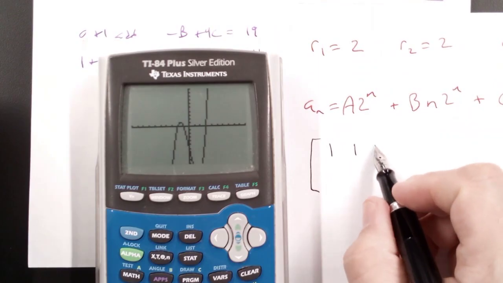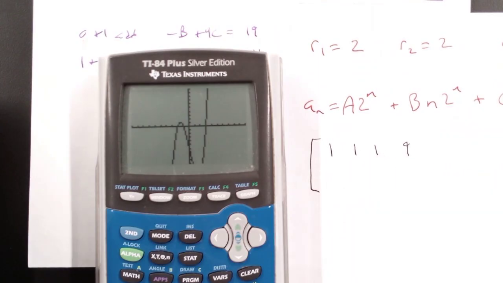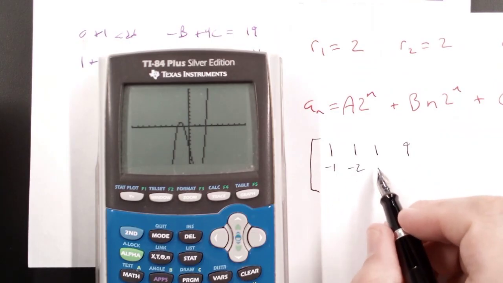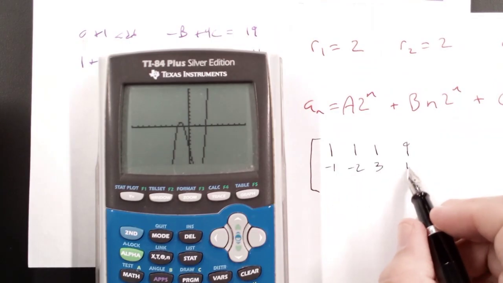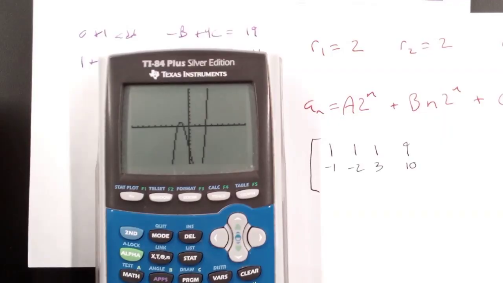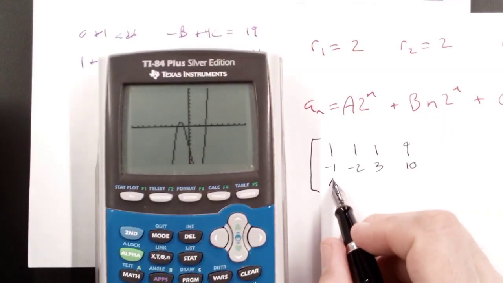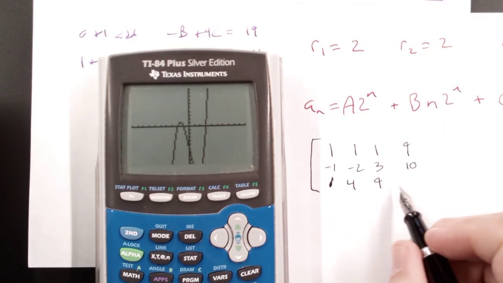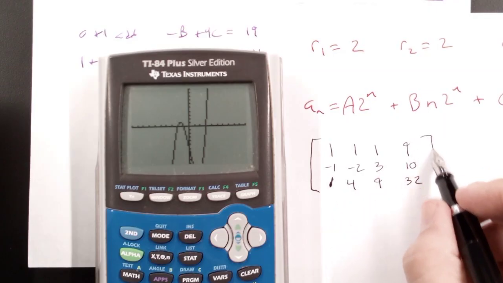1A, 1B, 1C is equal to 9. Minus 1A, minus 2B, plus 3C is equal to 10. 1A plus 4B plus 9C is equal to 32.